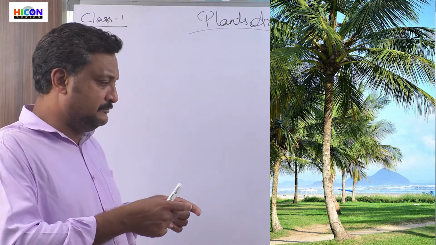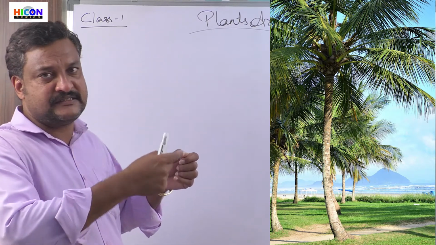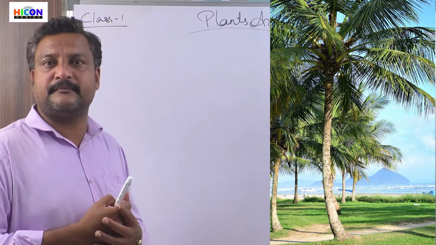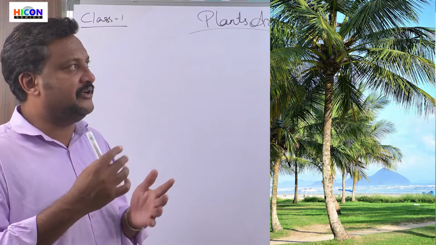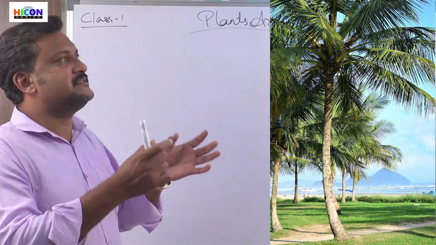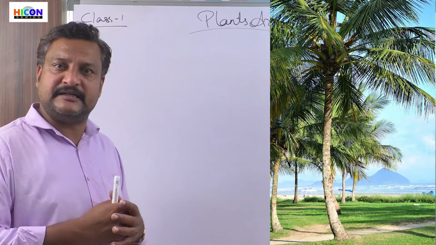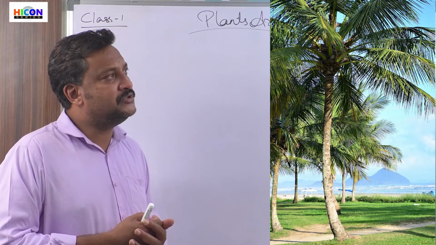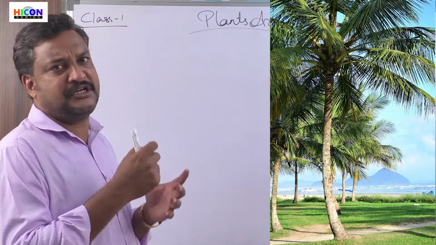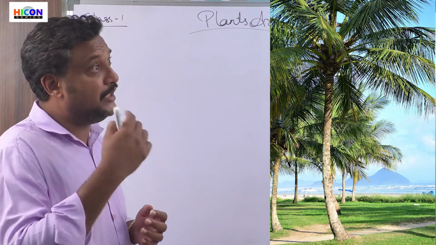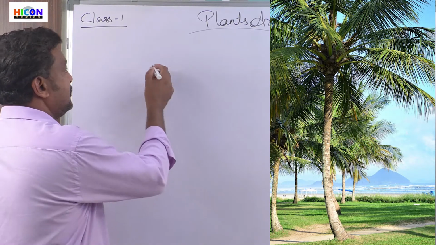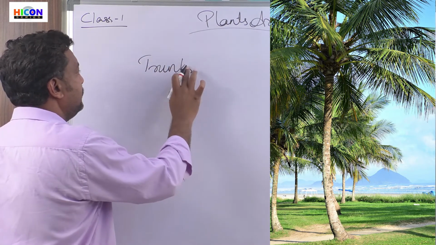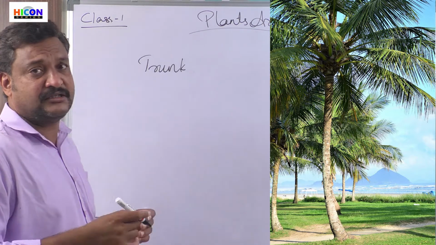Yeah, there is a stem that is going up, isn't it? A stem going up, and it's very thick. A single stem, it has only a single stem, and that is very thick, right? So this thick wooden stem of such kinds of plants is called a trunk.